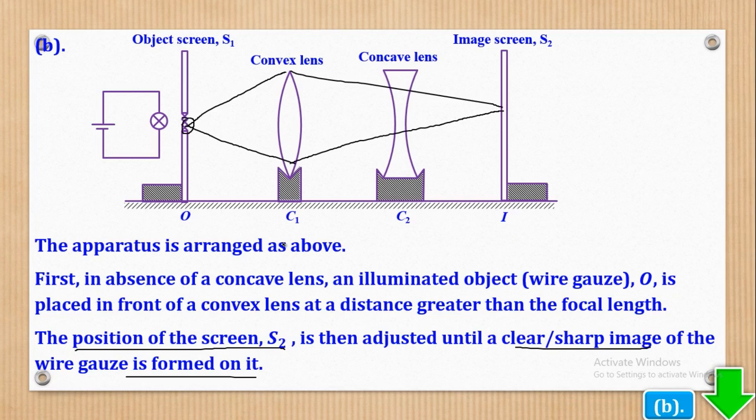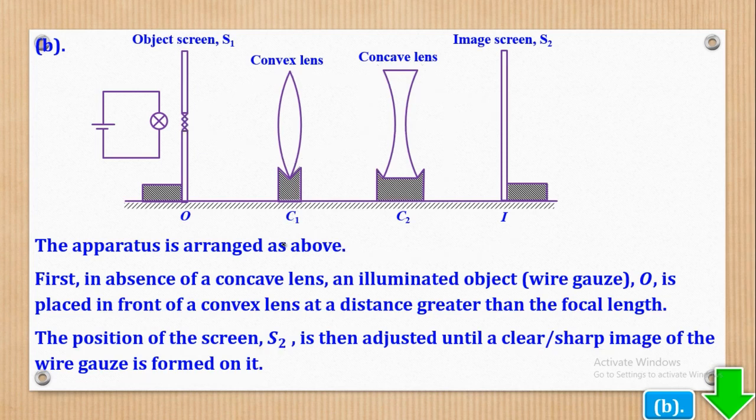So this is the point object, this will be the point image in absence of this lens. So when that happens, the distance from here to here is noted, or the position of S2 is noted. So that's the marks for this slide.